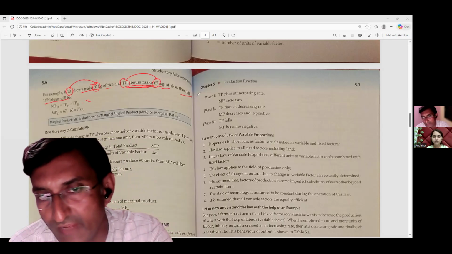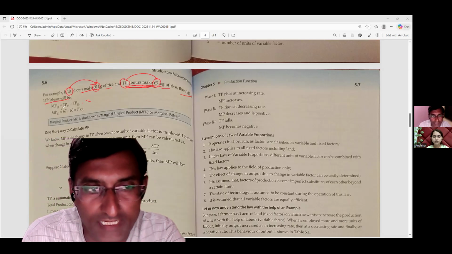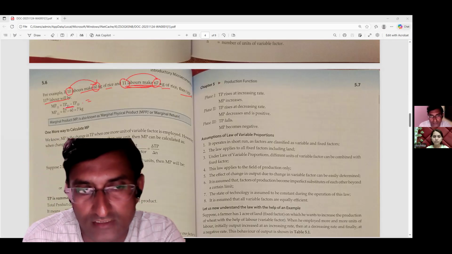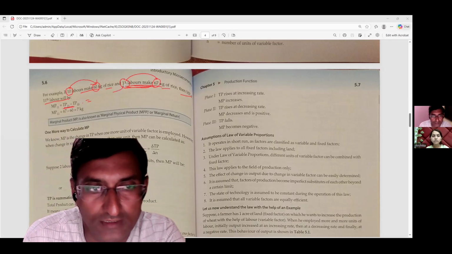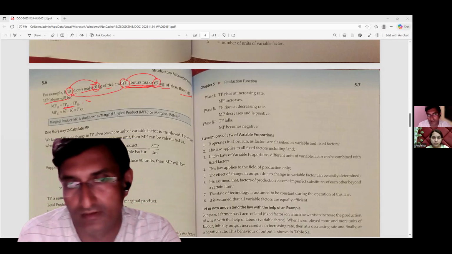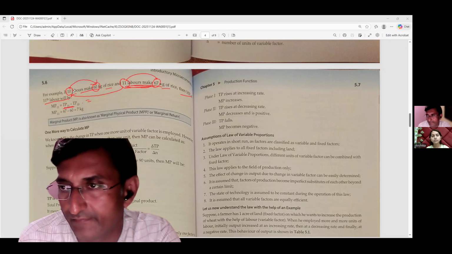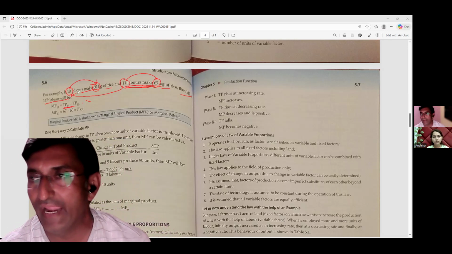Right? And MP of the 11th laborer will be: MP11 is equal to TP11, total product of 11, minus total product of 10. Now this one minus this one. We are going to study only marginal. So marginal means what? Additional.